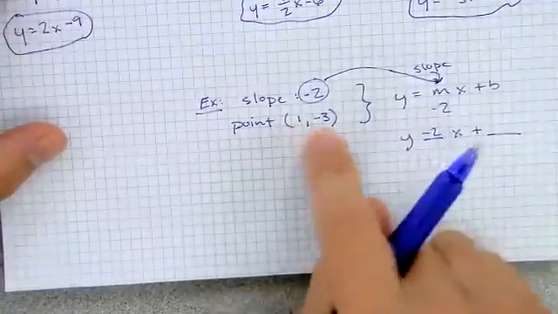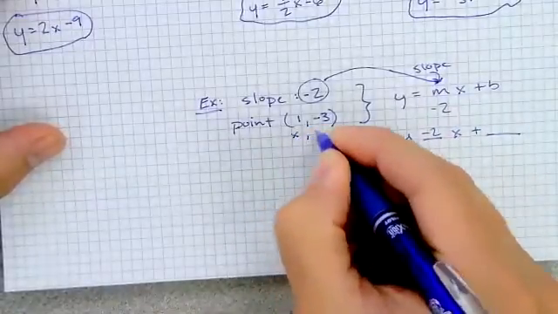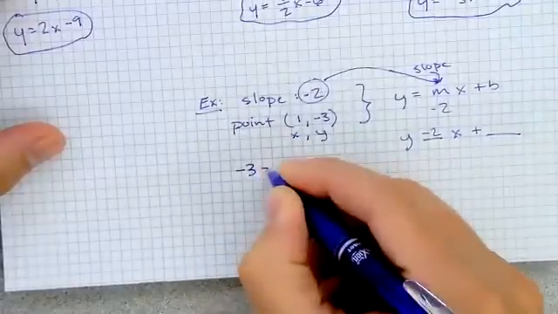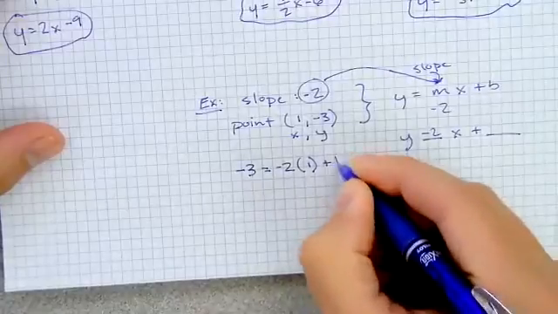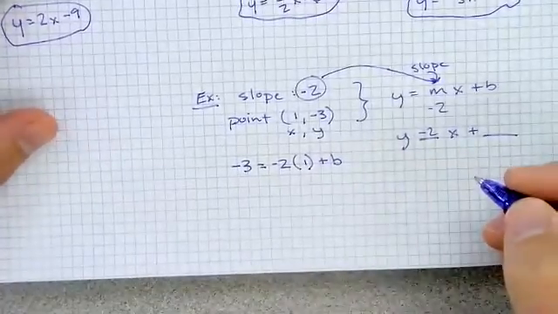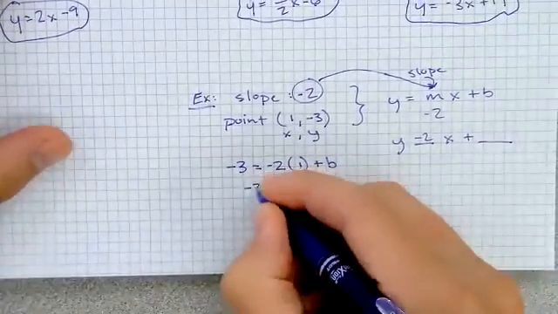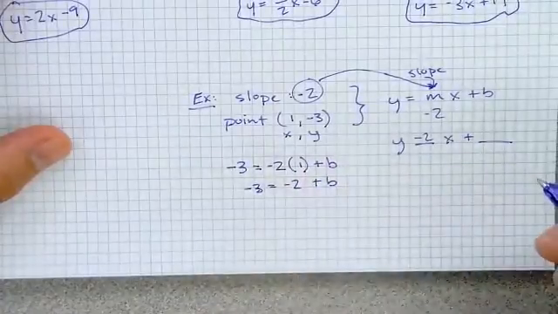Okay, so now we plug in x and y. So here's x, there's y. So we have -3 equals -2 times 1 plus b. -2 times 1 would be -2.